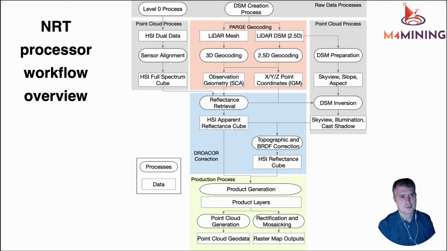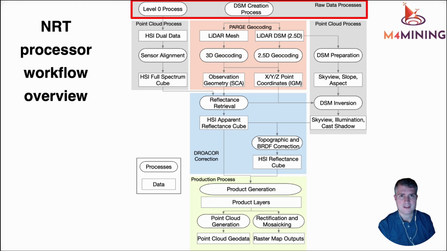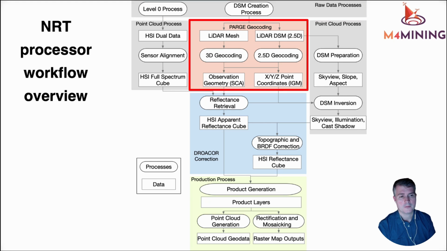While the NRT processor workflow is complex, it can be understood as consisting of 5 main functional parts. The first is for raw data processes. In other words, the data preparation to be done before starting the NRT physical processing. Second is parametric geocoding with RESE Applications' PARGE software.